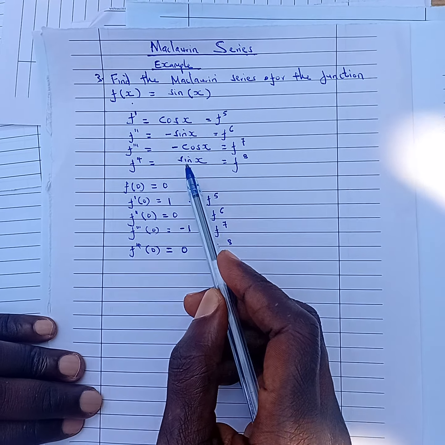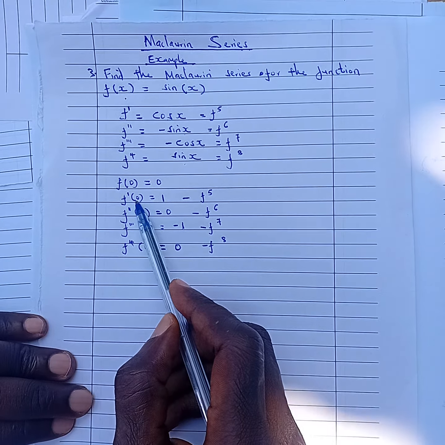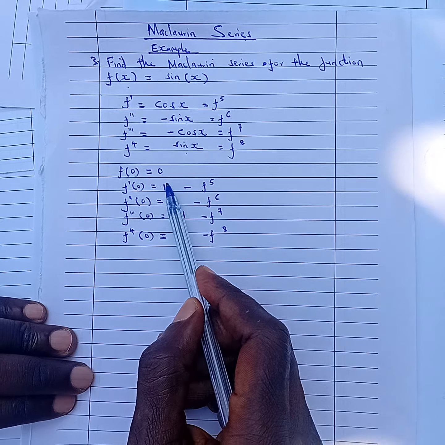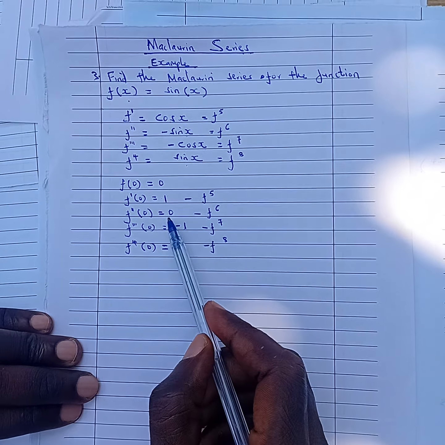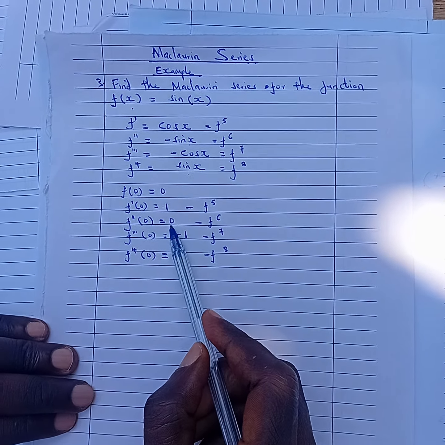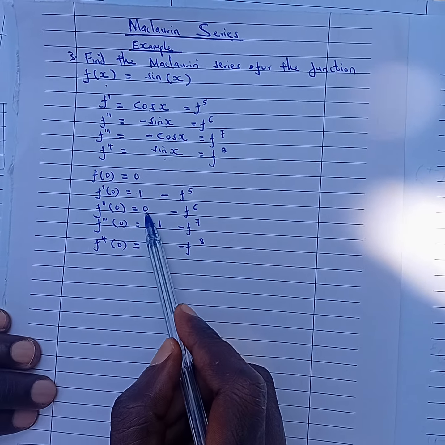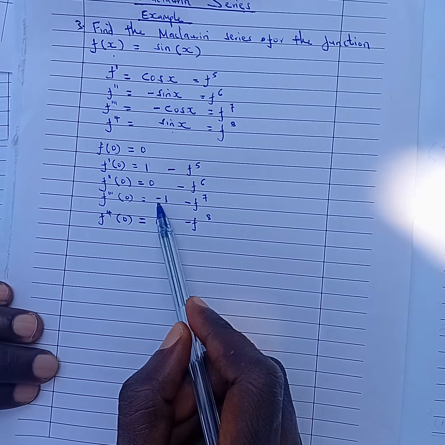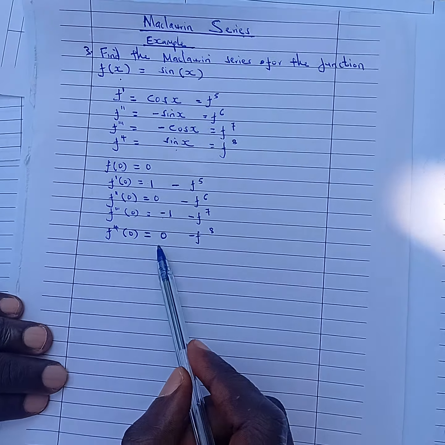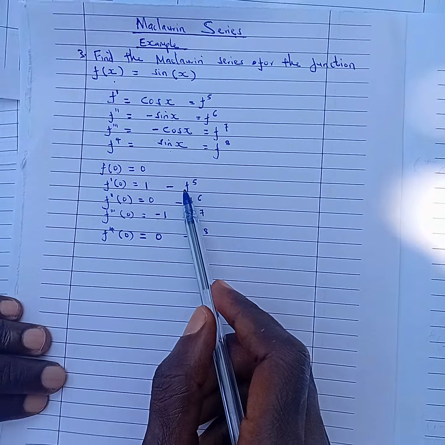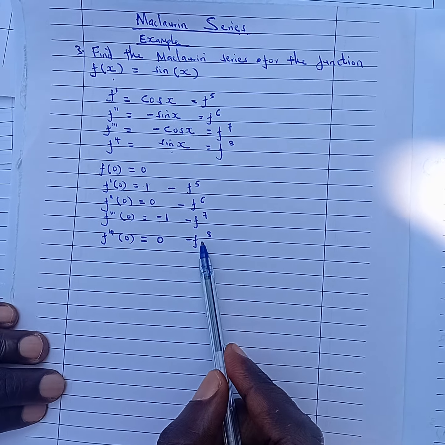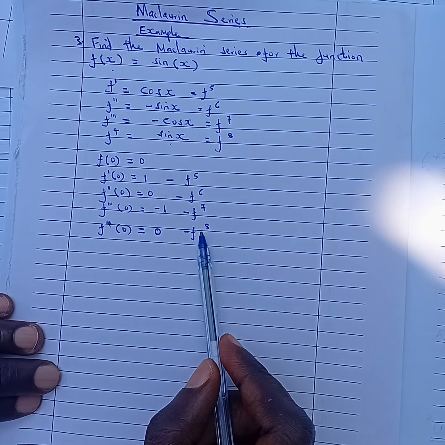The same way, cos of 0 is 1, negative sin of 0 is 0, negative cos of 0 is negative 1, and sin of 0 is still 0. The same applies to the fifth, sixth, seventh, and eighth derivatives.